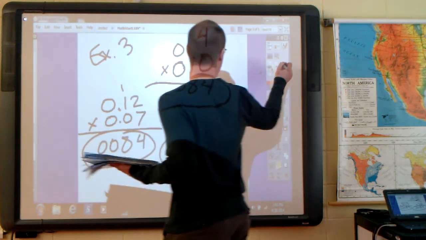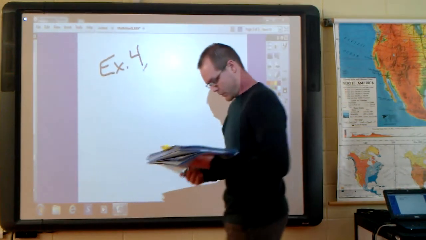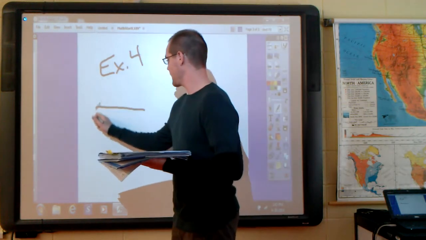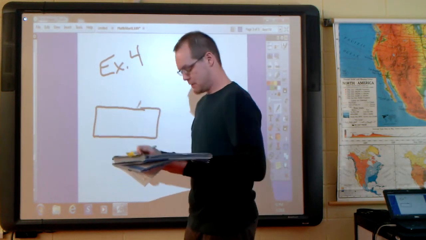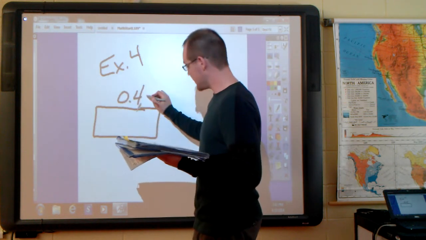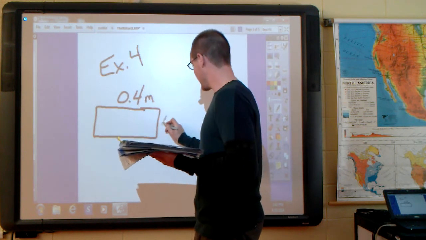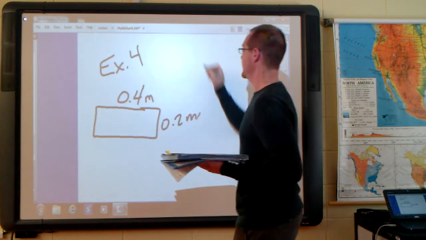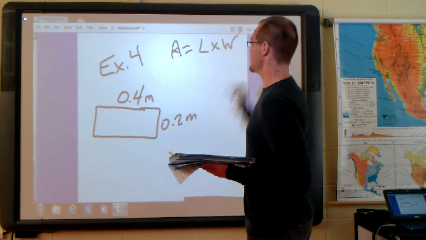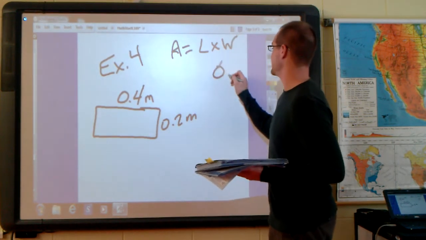Example 4. We're going to do practice problem K. This is an area problem. We will find the area of this perfect rectangle that I drew. Our length is 4/10 of a meter. Our width is 2/10 of a meter. Again, the area of a shape is length times width. My length is 4/10.